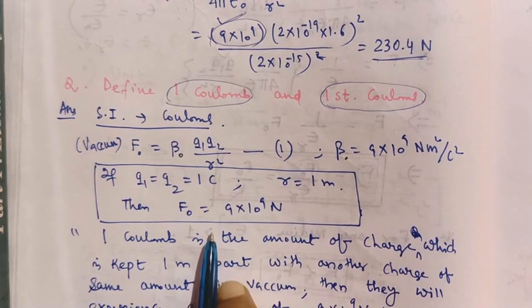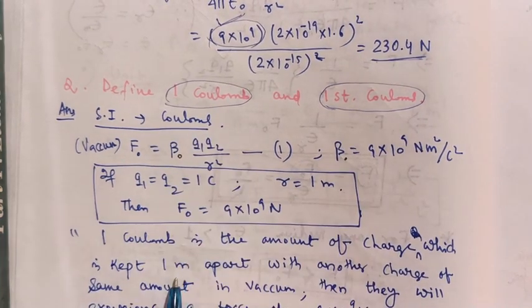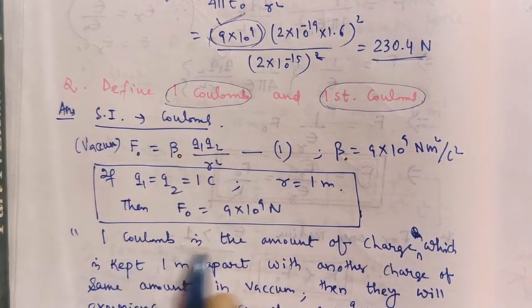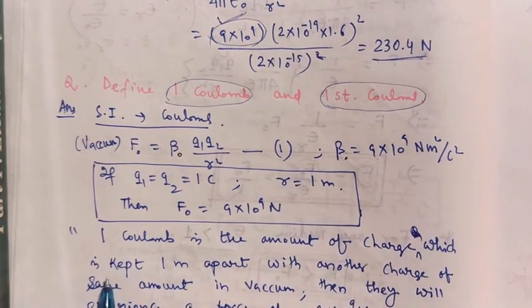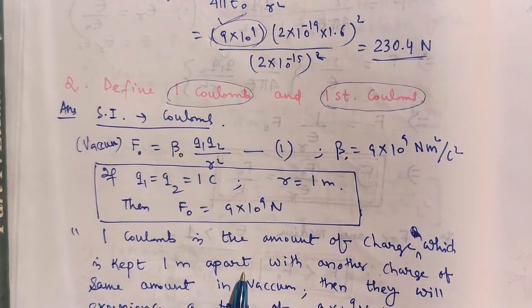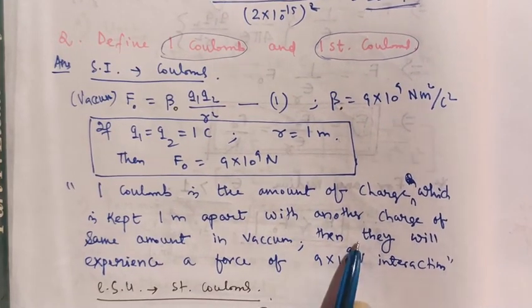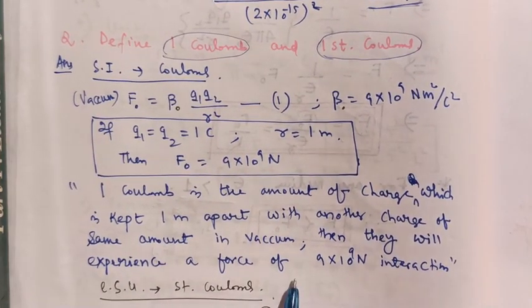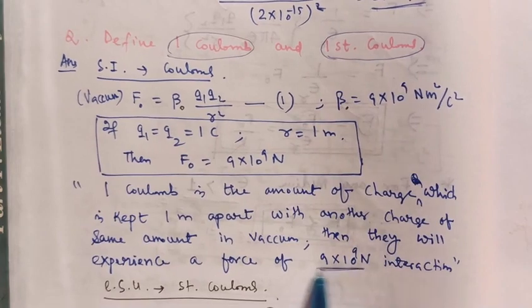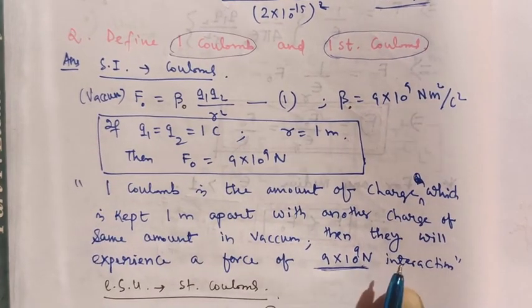If the exam question comes, what is 1 Coulomb, you should write that 1 Coulomb is the amount of charge which is kept 1 meter apart with another charge of the same amount in vacuum. Then they will experience a force of interaction of 9 into 10 to the power 9 Newton.